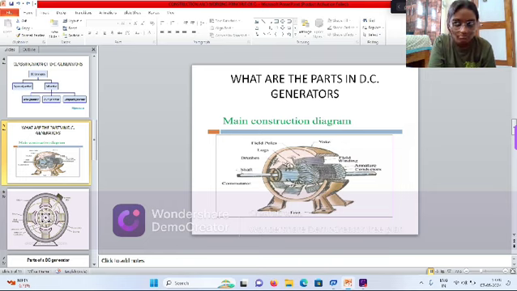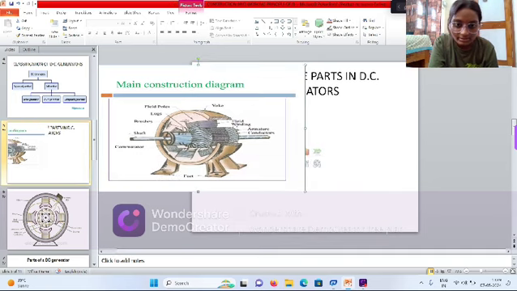Brushes are made of chromium or graphite, which hold the field that is generated in the generator. And this is the shaft, and this is the commutator, and the field winding is basically a copper wire wound around the poles so that it helps in generating electricity. And here are those poles, field poles, armature conductors, etc.